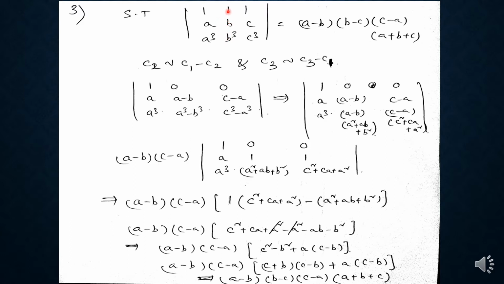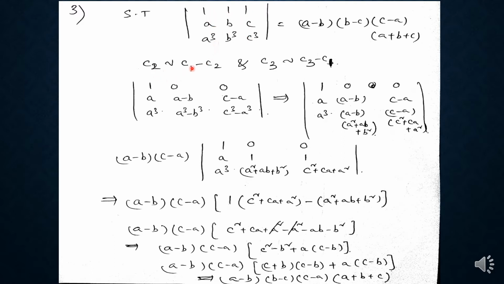So by using the first column C1, we are changing the second column C2 to C1 − C2 and C3 changes to C3 − C1. So we are changing C2 and C3 by using the first column.